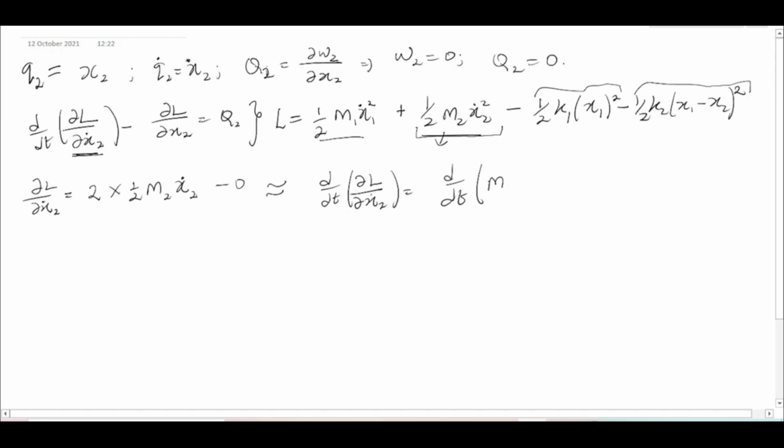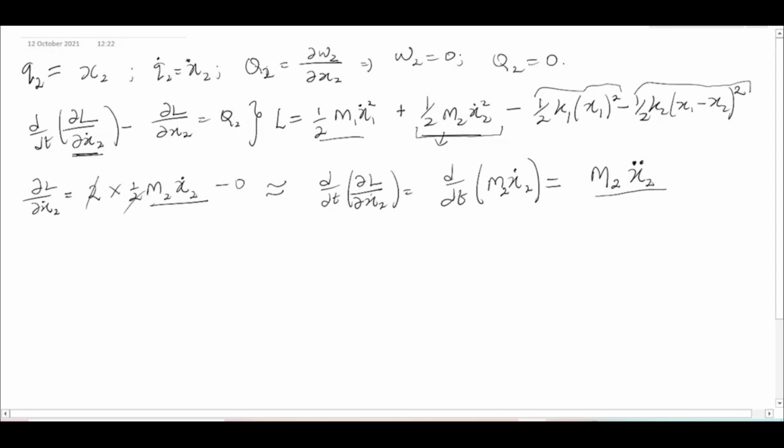The 2 and the half cancel out, leaving m2 x2 dot. Differentiating with respect to time, considering that the mass m2 is constant, we take x2 dot to another dot. So we've gotten our value for d/dt of dL/dx2 dot.